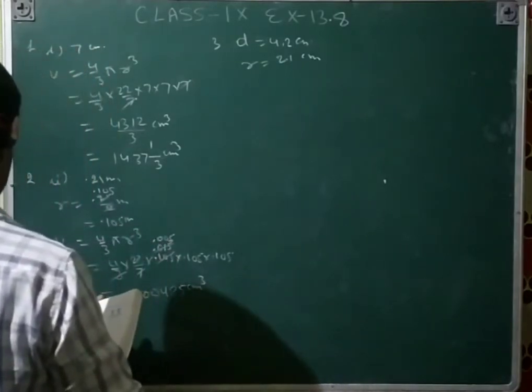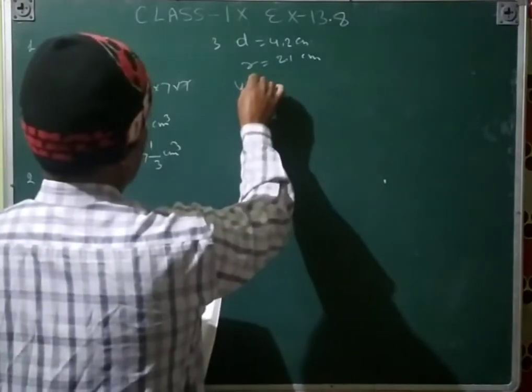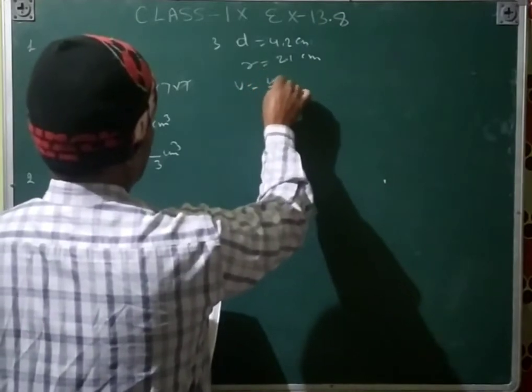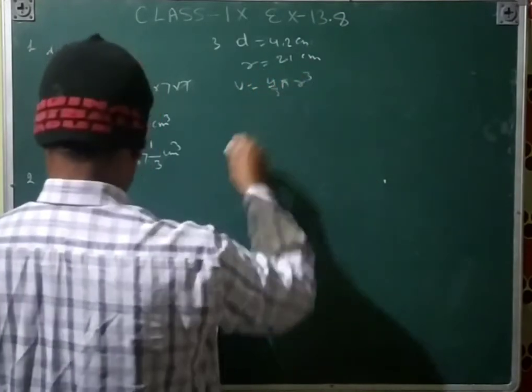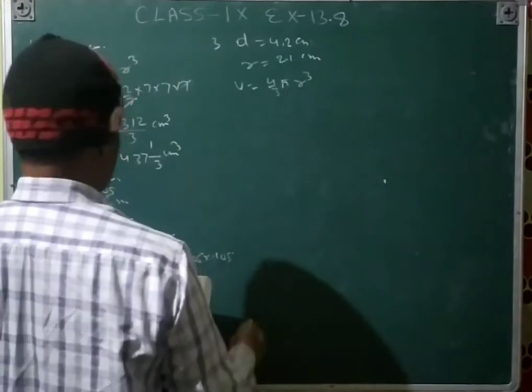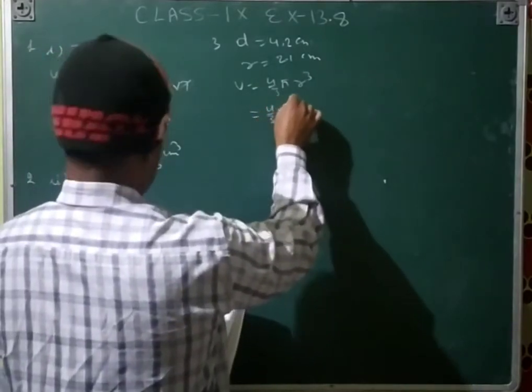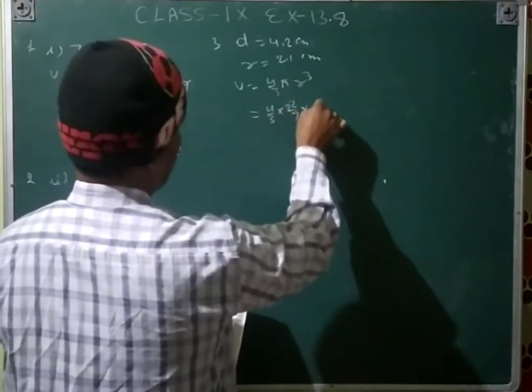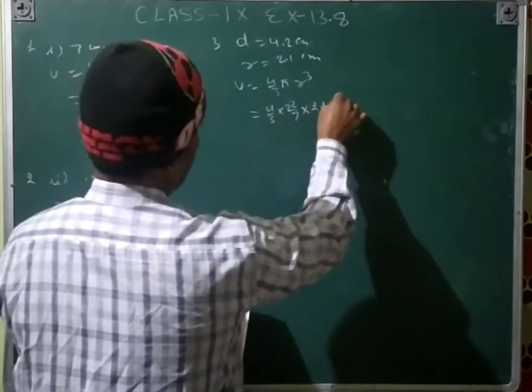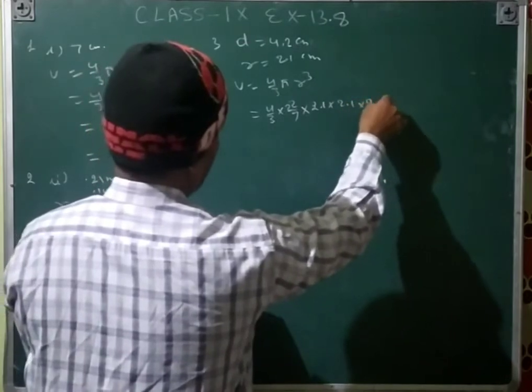So the volume is 4 upon 3 pi r cube, since that is a spherical ball, obviously a sphere. So 4 upon 3 into 22 upon 7 into 2.1 into 2.1 into 2.1.